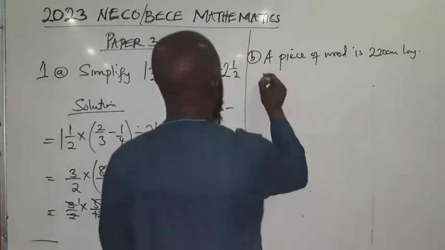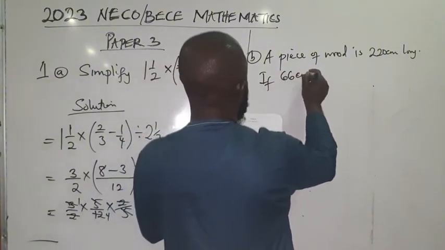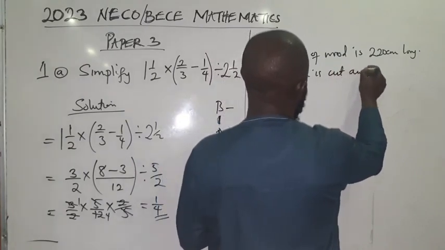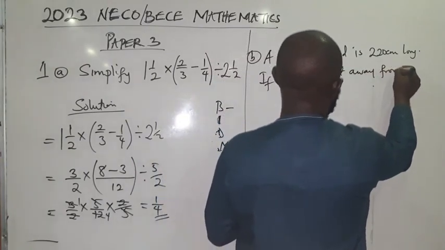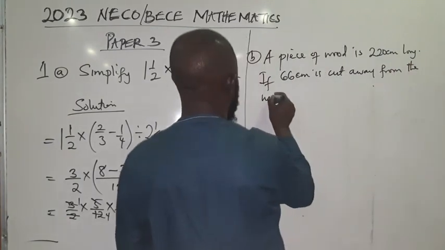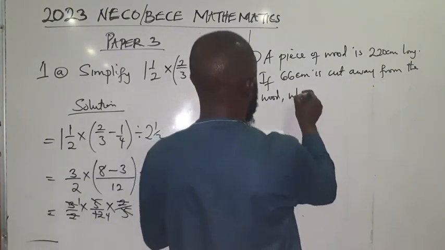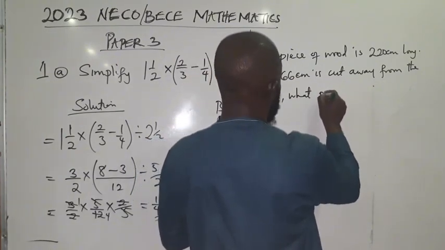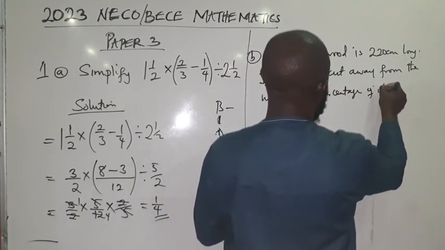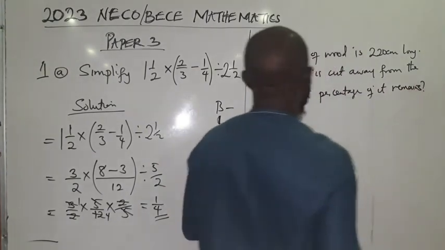So if 66 centimeters is cut away from the wood, what percentage of it remains? So this is what we have there.